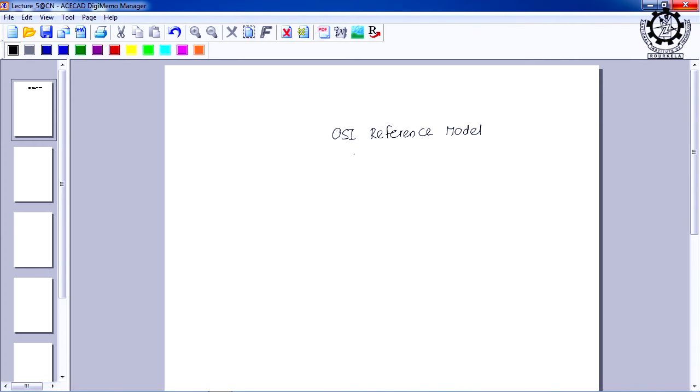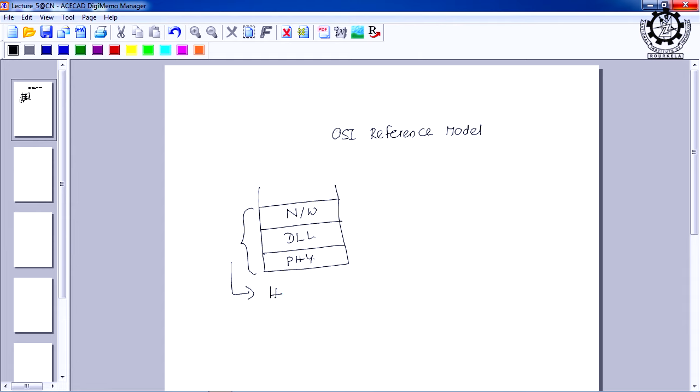So, now with this reference model, we will first see the 3 lower level protocols or layers, you can say the physical layer, the data link layer and the network layer. The reason behind considering these 3 layers is that usually these 3 layers are considered responsible for host to host communication.